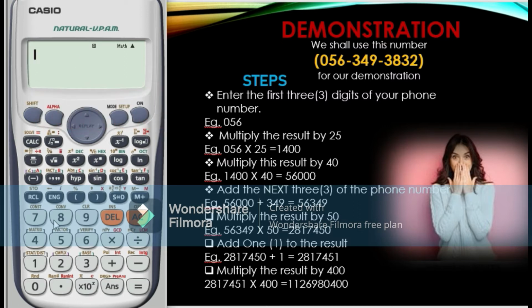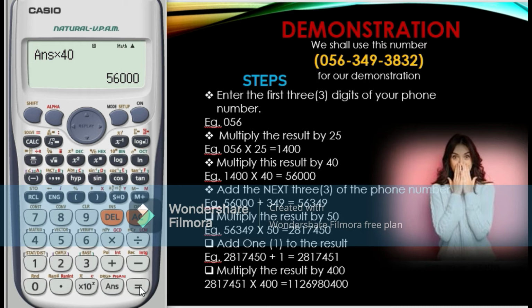I enter the first 3 digits, which is 056. Next step, multiply by 25. So times 25 equal sign. Multiply the result by 40. I don't clear the calculator. I multiply the answer by 40, equal sign.